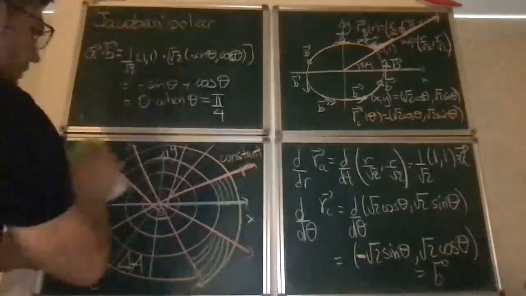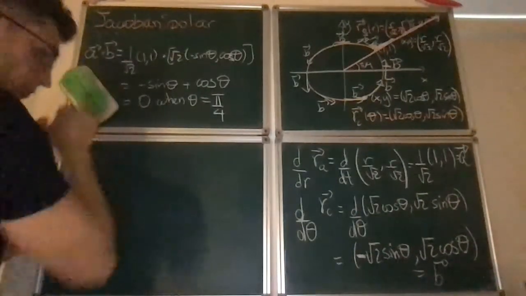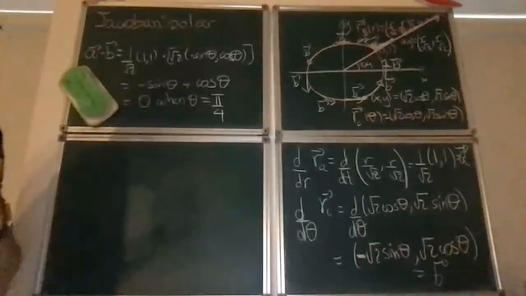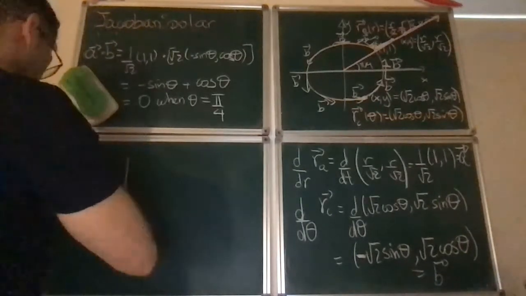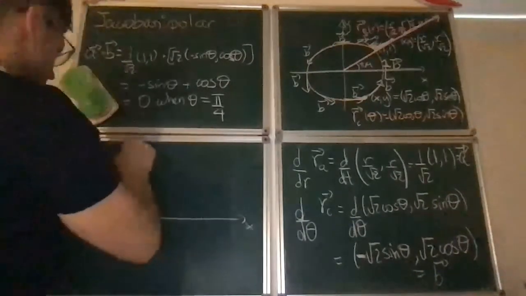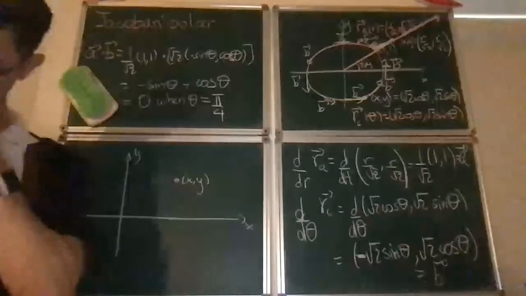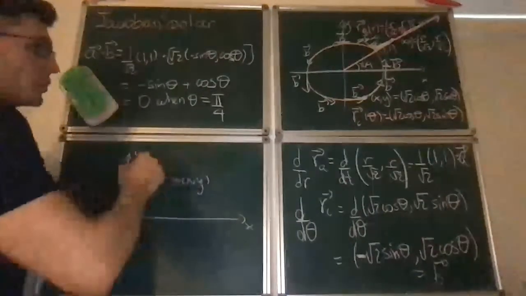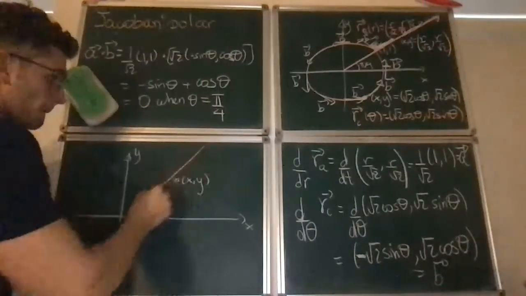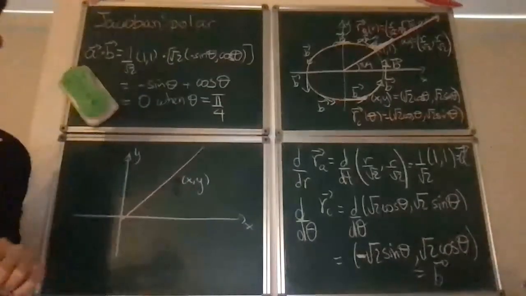So in the general case, what happens if it's not 1 comma 1 that you're working with? Think of this point as being on the right.